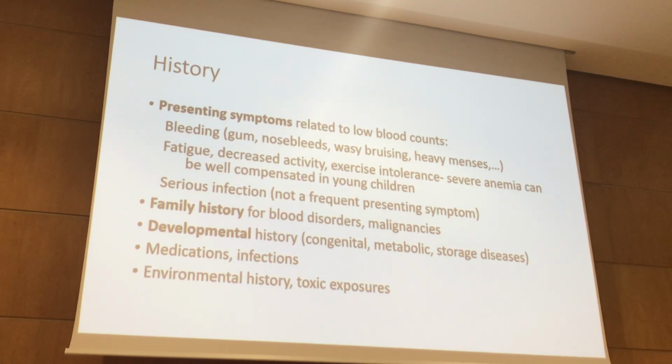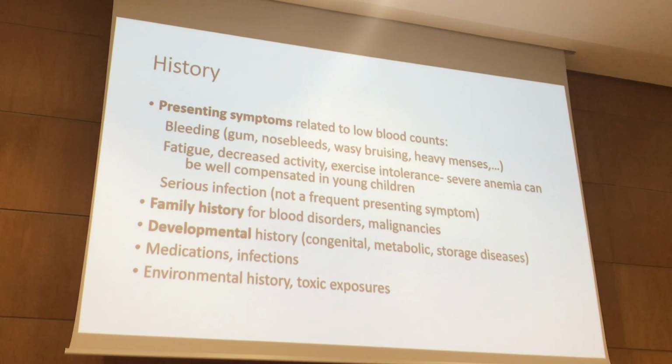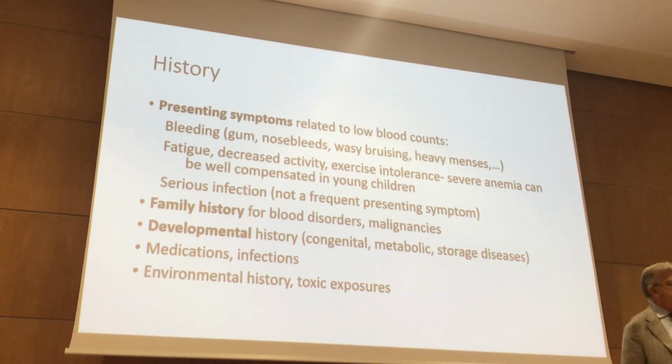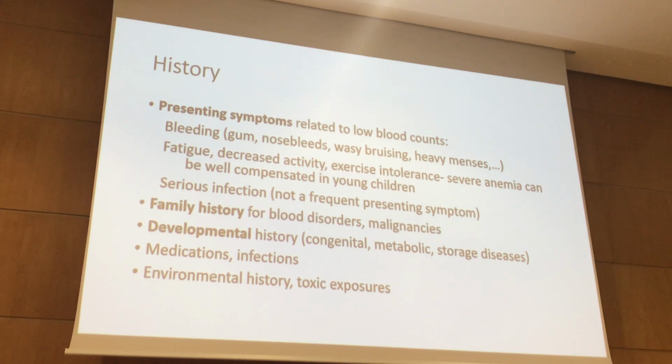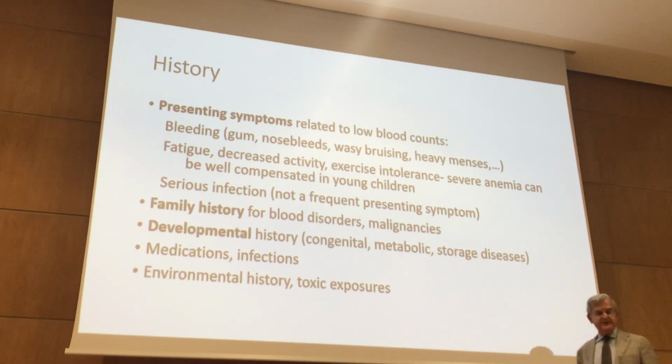What is the history when you see a patient with bone marrow failure? Usually the presenting symptoms are due to the cellular elements affected by that disorder. For example, if the platelets are affected, there will be bleeding. If erythrocytes are affected, there will be pallor and anemia.